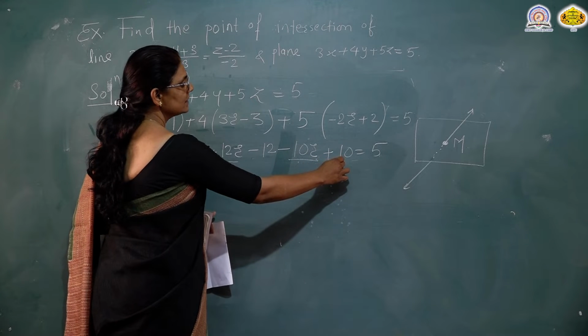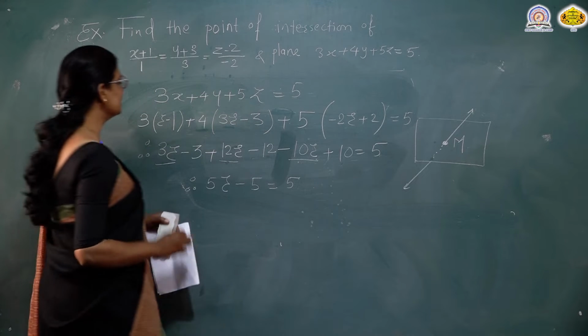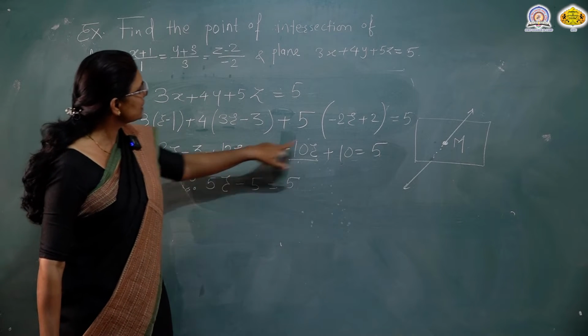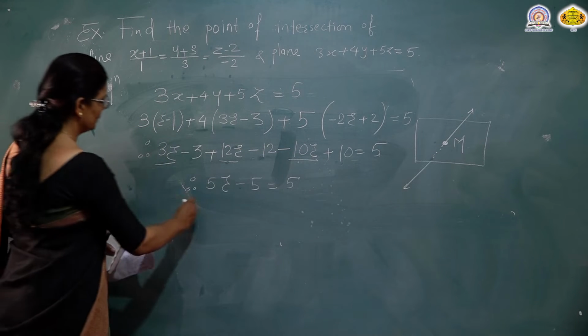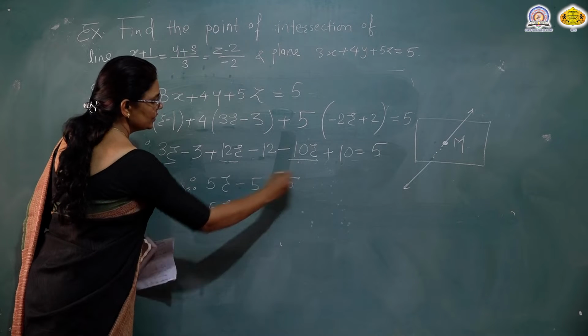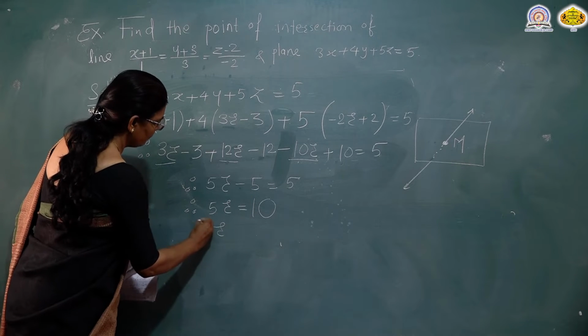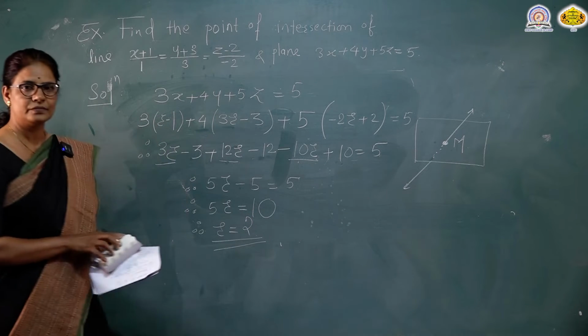Minus 15 plus 10 is minus 5, equals 5. So this is the same as 5r equals, shifting to the other side, 10. Divide by 5 and we get r equals 2.